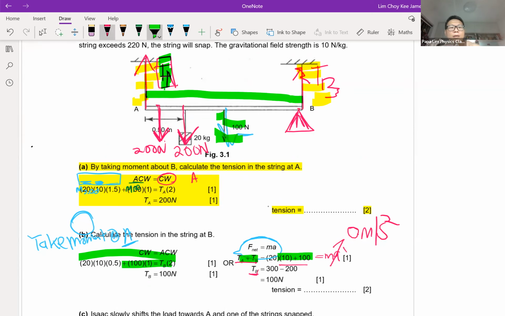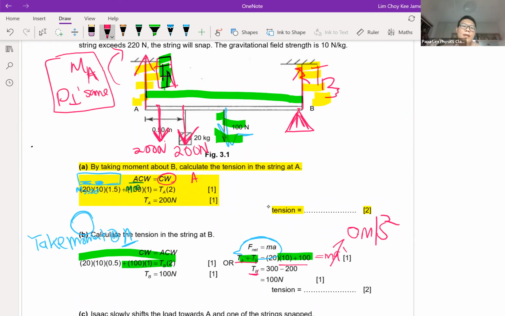So the clockwise moment MA, the perpendicular distance for TA, actually remains the same.